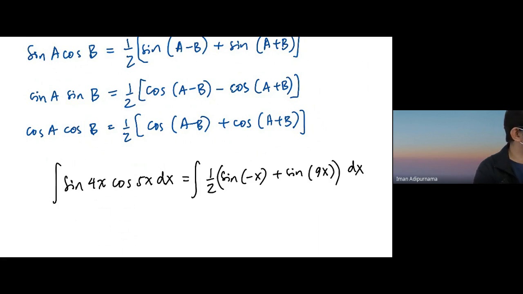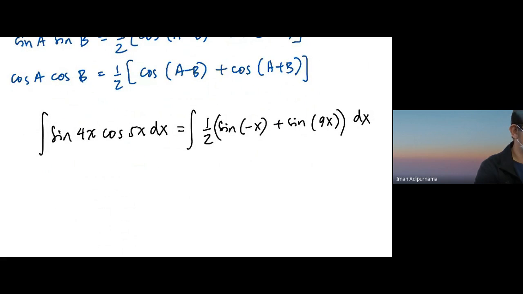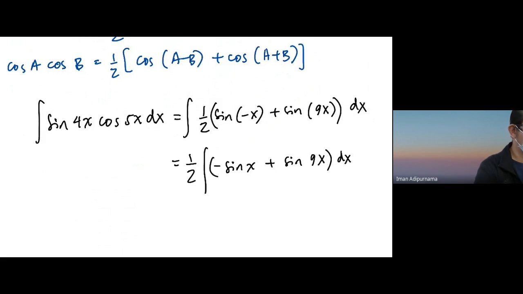Sine of minus x, remember that is quadrant 4 in trigonometry, so it becomes minus sine. So this will be, let me put half outside, negative sine x plus sine 9x. So we can integrate this.